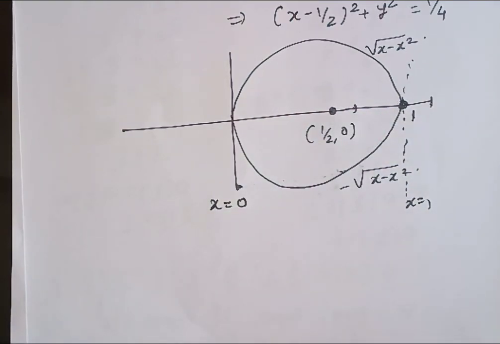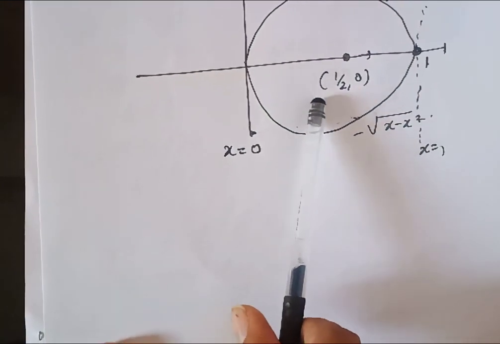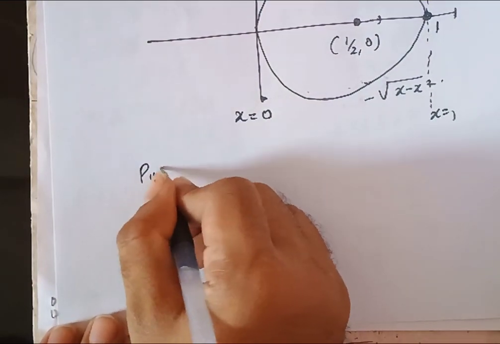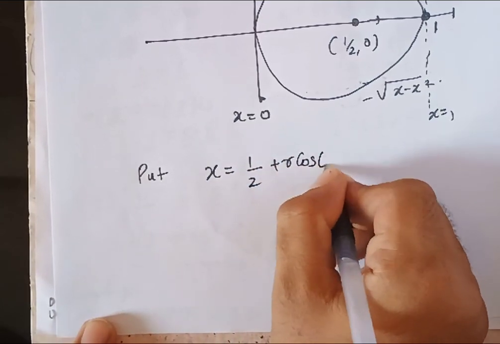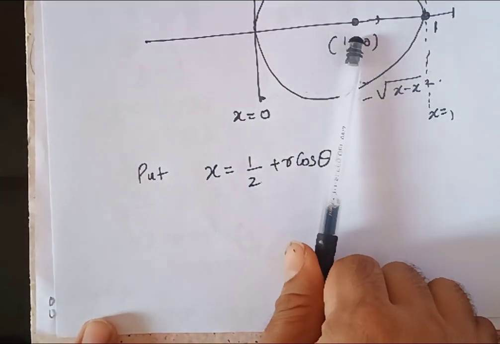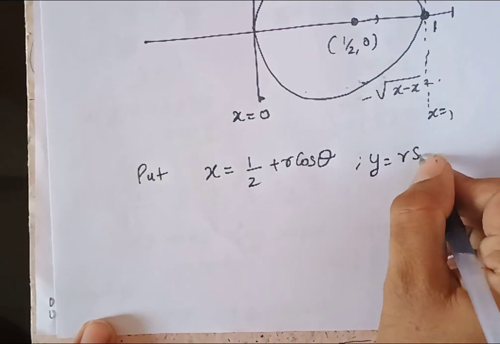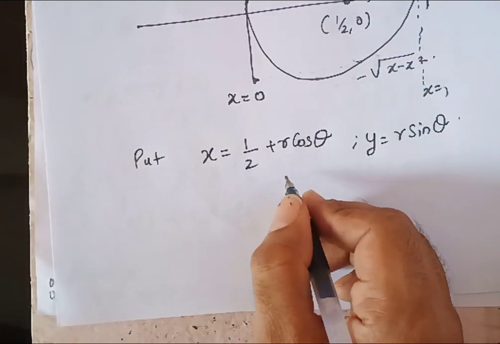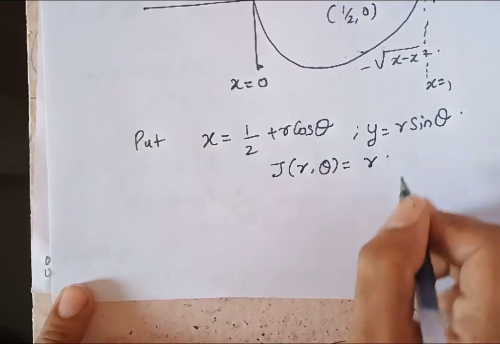Now once we do the sketching, the next part is to write the polar coordinates. Here we can see there is a shift of origin. So we put x equal to half plus r cos theta, because the center on the x-axis is shifted by half, and y will be just r sin theta. And whenever we change the variable, there should be a Jacobian, which will be r.